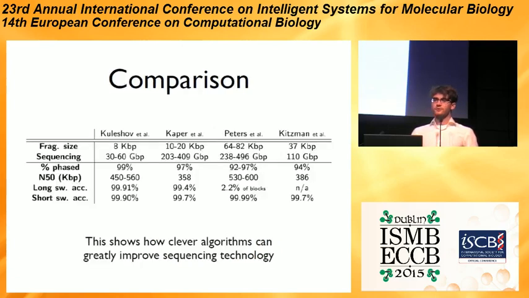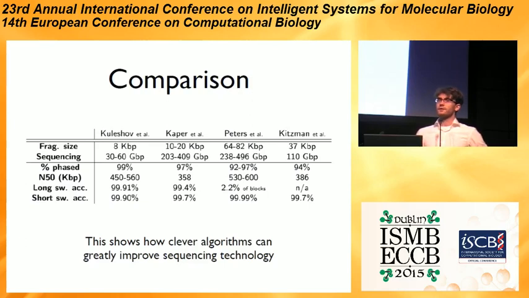We can also compare this to several similar technologies that were released at the time. These include two approaches that are essentially variants of LFR, which is Kaper and Peters, and an approach that uses fosmid-based sequencing by Kitzman et al. And notice here that the fragments that we're using based on Moleculo are shorter than those of the other technologies, sometimes as much as 10 times shorter.